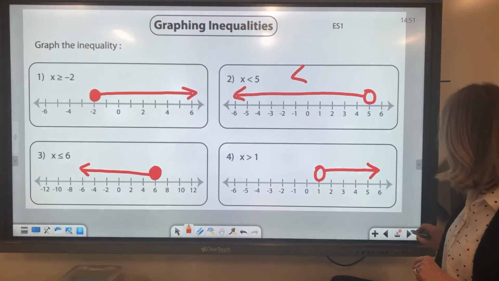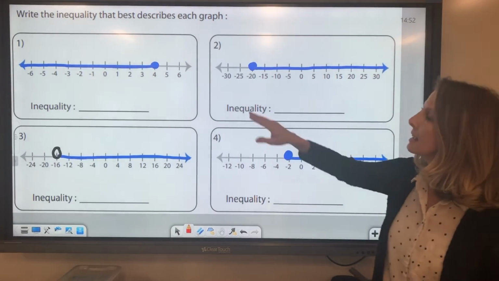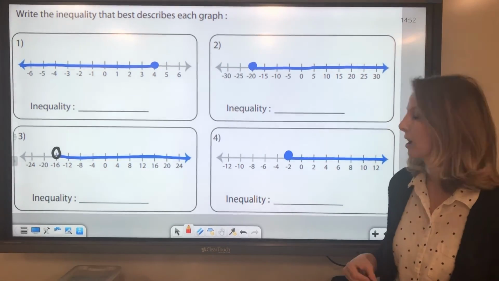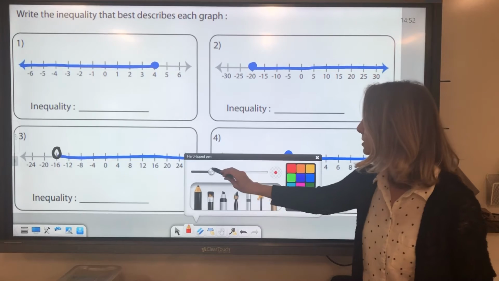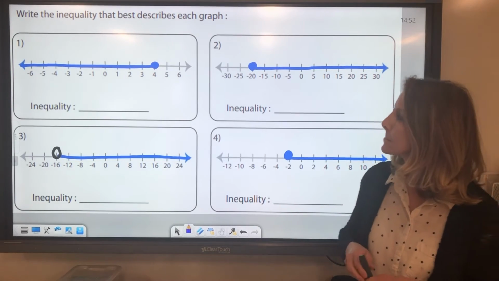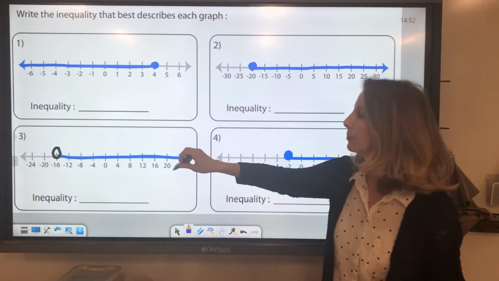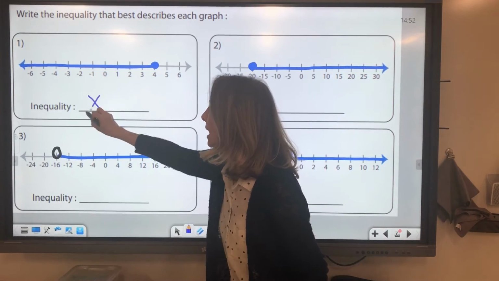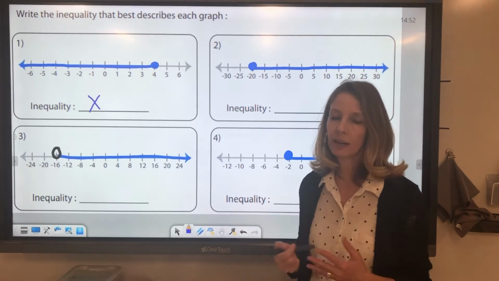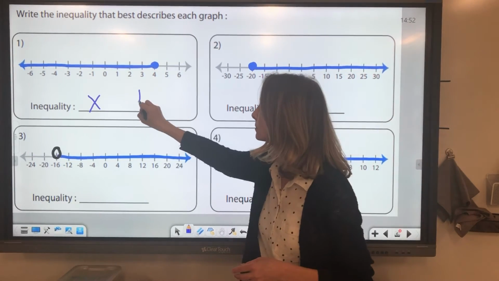One other thing I want to show you about graphing is if they give you a graph, like they have given you 4 different graphs here, and you are asked to write the inequality. So let's take a look at this. On this first one up here, we're going to put our variable, which is x or w, whatever you want to use, and I see my circle, my dot, is on the number 4.